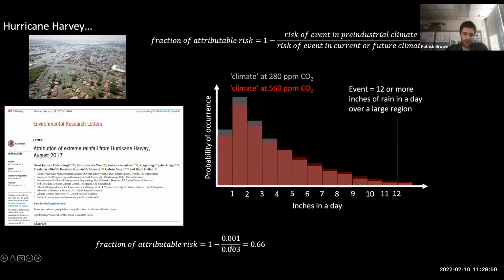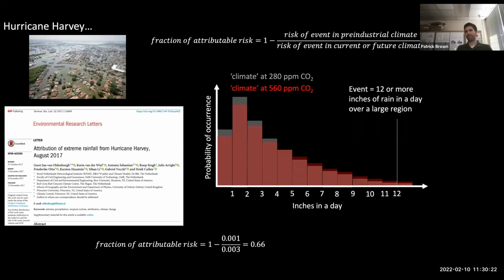Under current climate, it's like 3 times in 1,000 years. And so that tripling of the risk means that 2/3 of the current risk is due to increased greenhouse gas concentrations. So that's the number that they get.